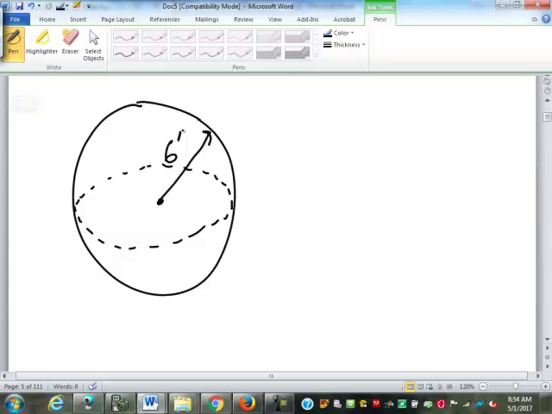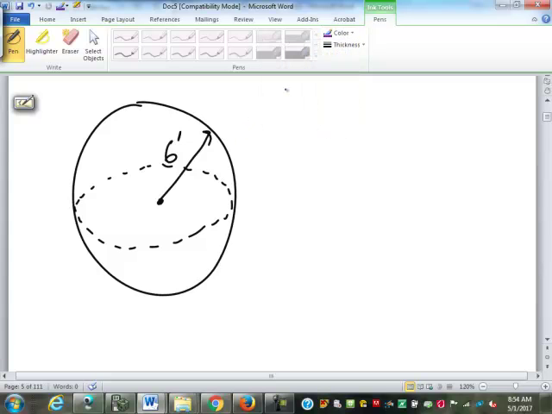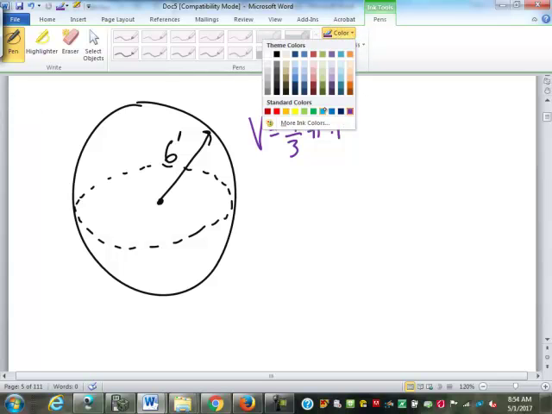So here I have a sphere with a 6-foot radius. If you recall, the volume of a sphere is 4/3 times pi times the radius cubed.